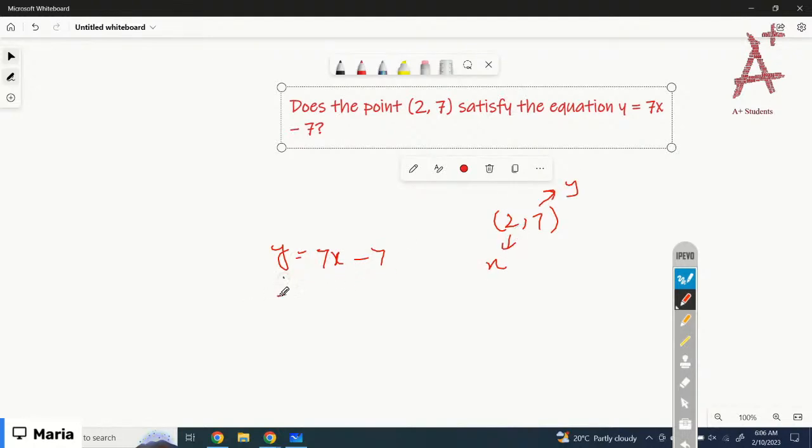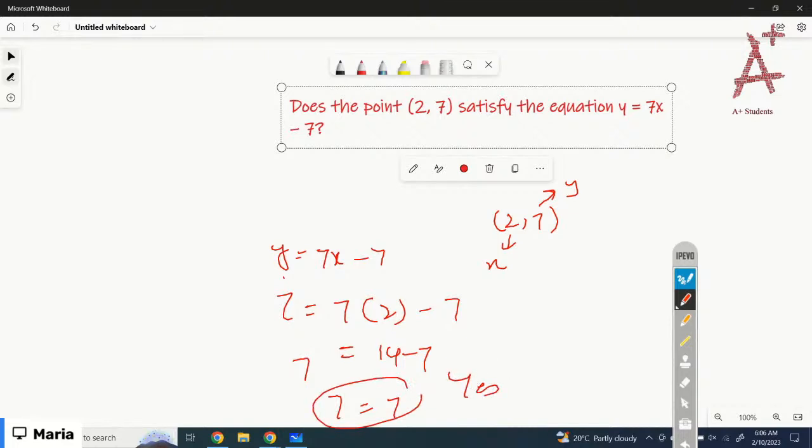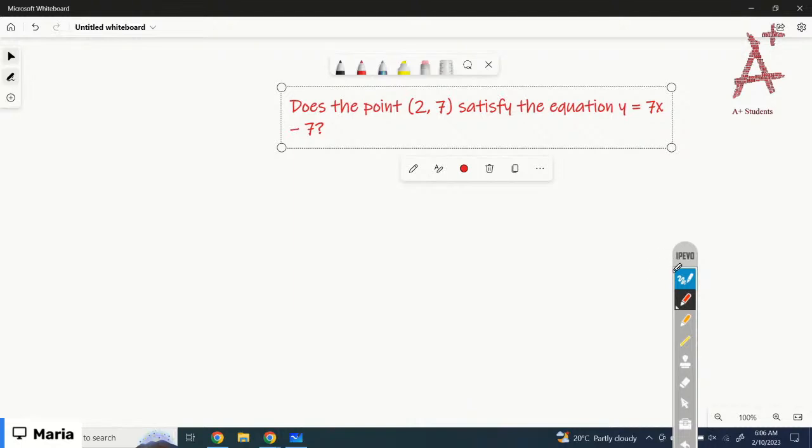Just replace the values. y is 7. 7 times 2 minus 7. 7 times 2 is 14, and 14 minus 7 equals 7. So both sides of the equation are equal. That means yes, the point (2, 7) satisfies the equation y equals 7x minus 7. Got it? So just select the correct option and click on the OK button. The correct option is yes.